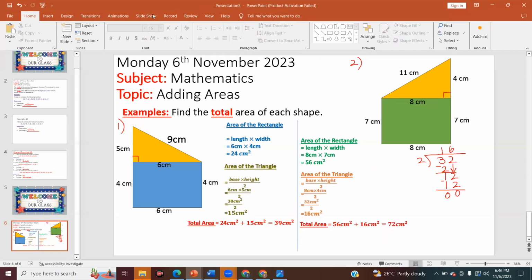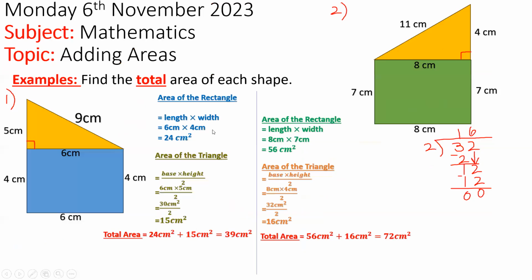So Matthew, explain how we got the total area to be 72 centimeters squared.